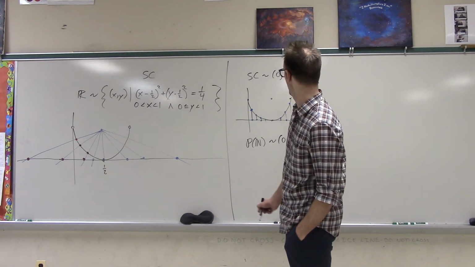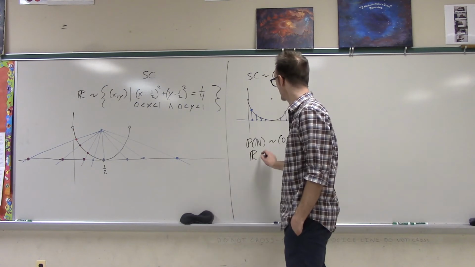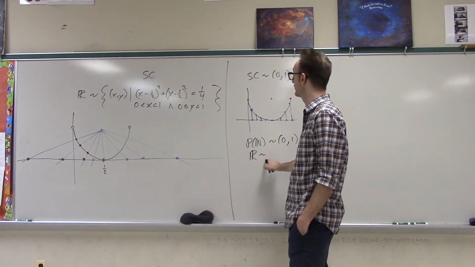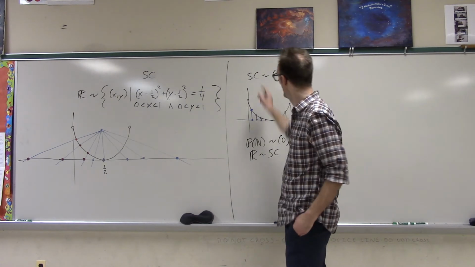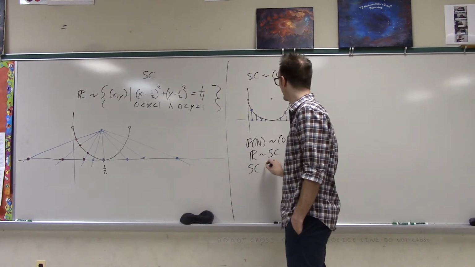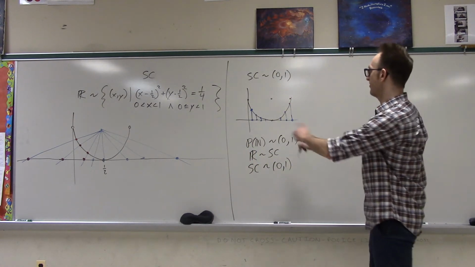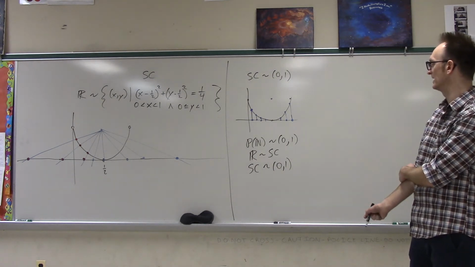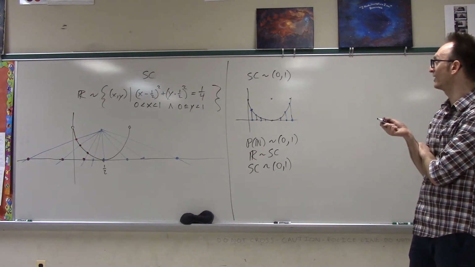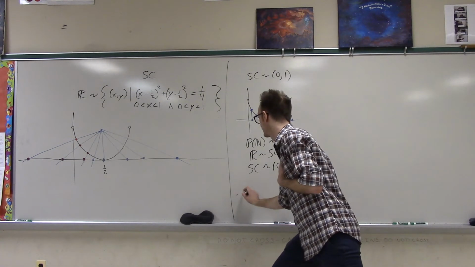Then I showed, in number 7, that the real numbers are equinumerous with the points on the semicircle. Then we showed that the points on the semicircle are equinumerous with the real numbers on the interval 0, 1. And so by transitivity of equinumerosity, in fact, all of these are equinumerous with each other.